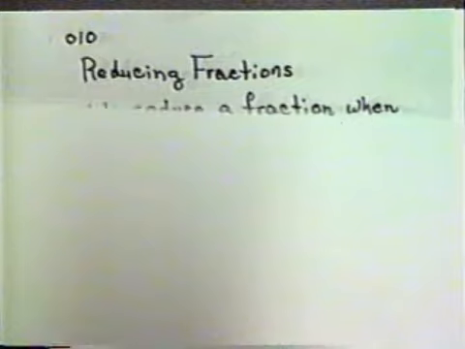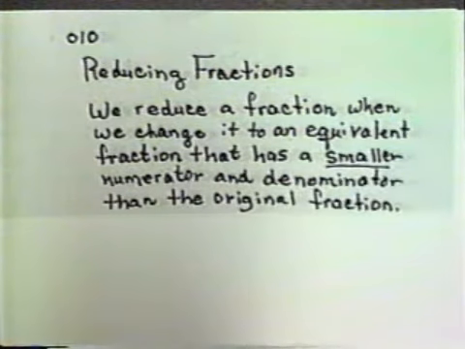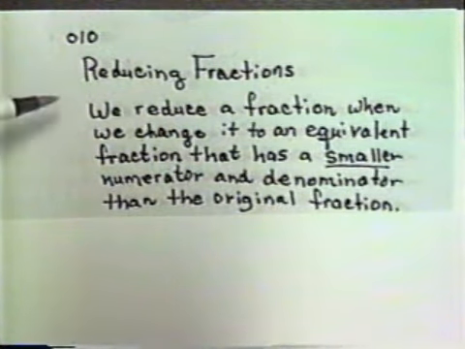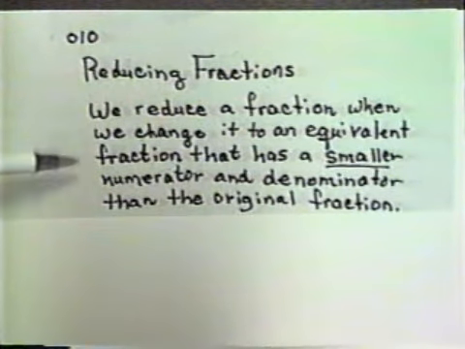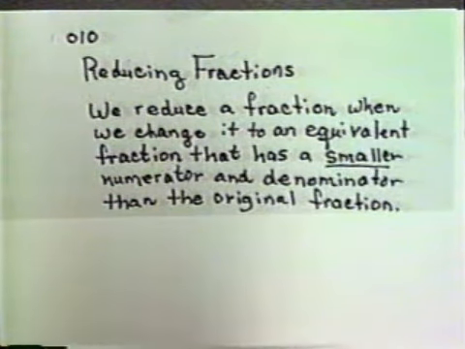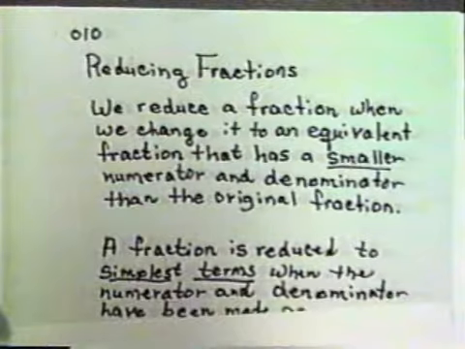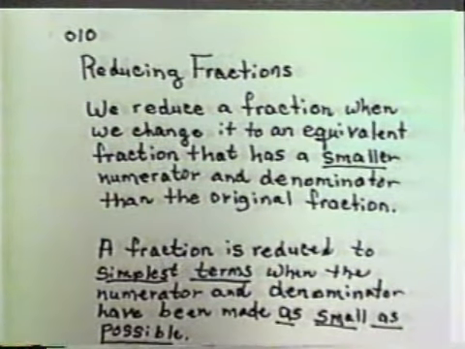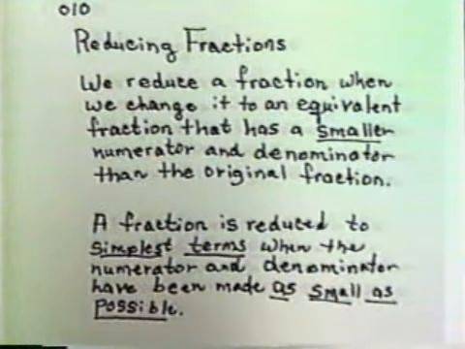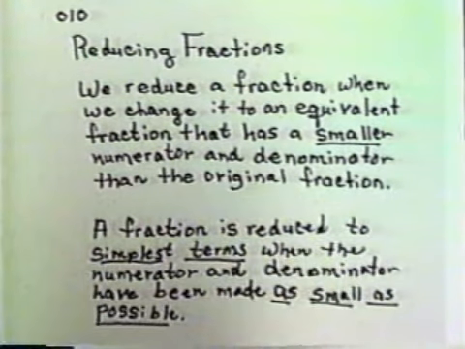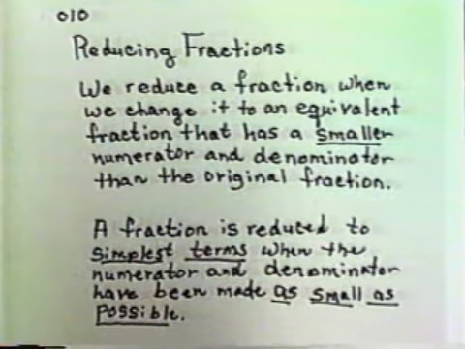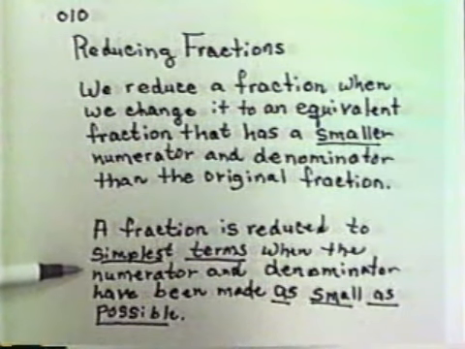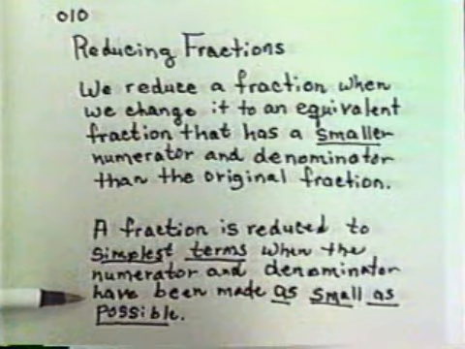Reducing fractions. As I just told you, we reduce a fraction when we change it to an equivalent fraction that has a smaller numerator and denominator than the original fraction. A fraction is reduced to simplest terms when the numerator and denominator have been made as small as possible.